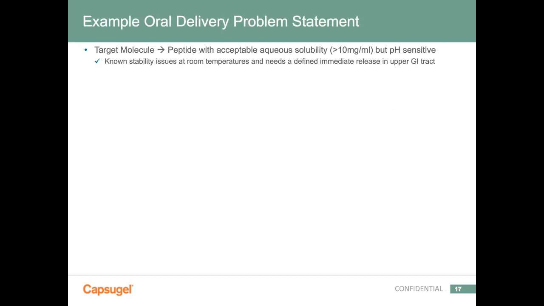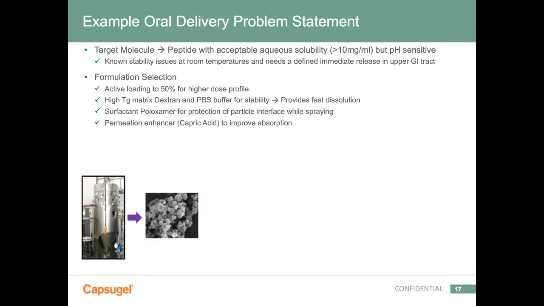So I wanted to highlight briefly the oral delivery problem statement. In this case, we had a target molecule, a peptide, that had relatively high aqueous solubility but was very pH sensitive. And we had known stability issues at room temperature. So the path forward was including an active loading of 50%.